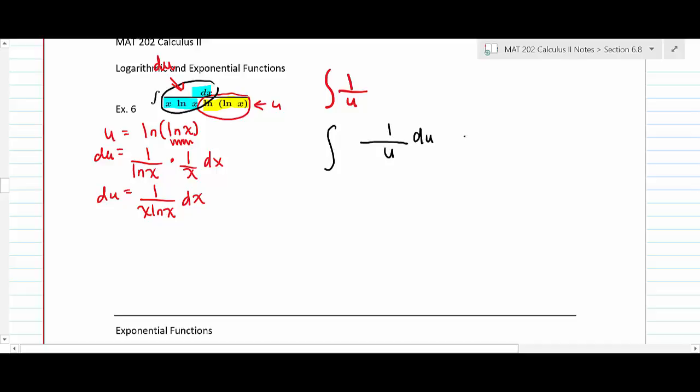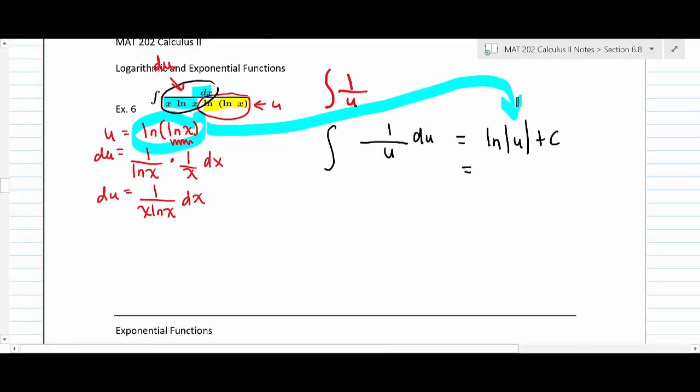That integral has a value of ln, absolute value of u, plus c. Then you can plug back in the u, so the u was this thing. So we'll have as an answer ln of ln, that's an interesting answer, ln of ln of ln of x plus c.